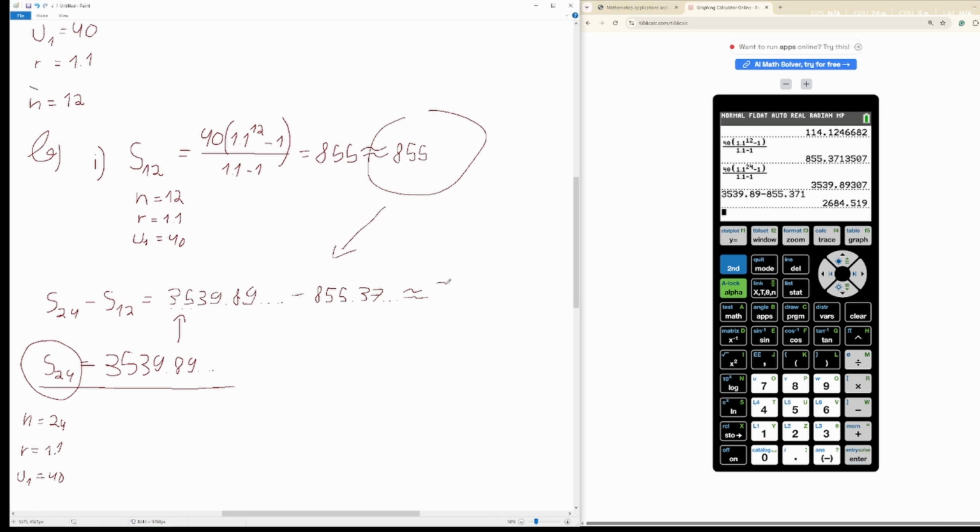And we will get that in the second year they will have sold 2,684 cars, and because this has to be rounded to 3 significant figures, they will have sold approximately 2,680 cars.